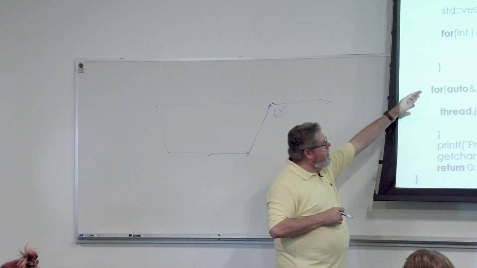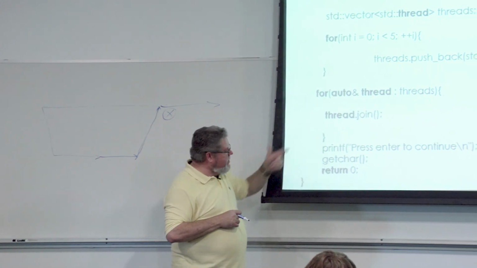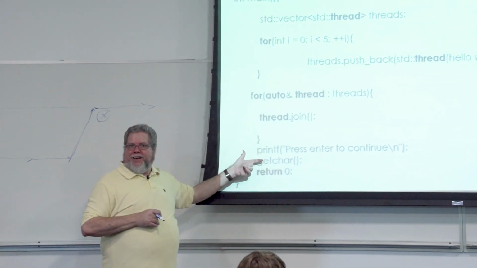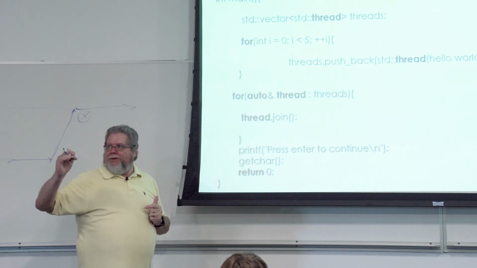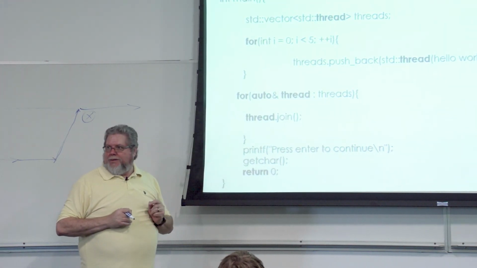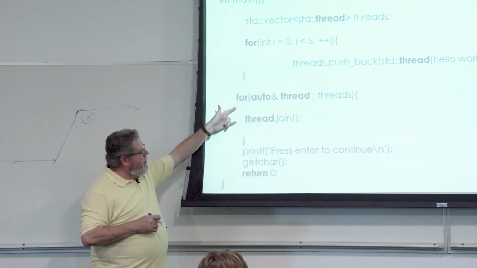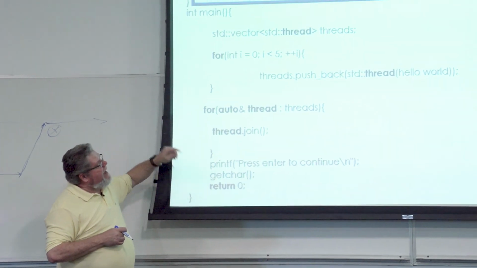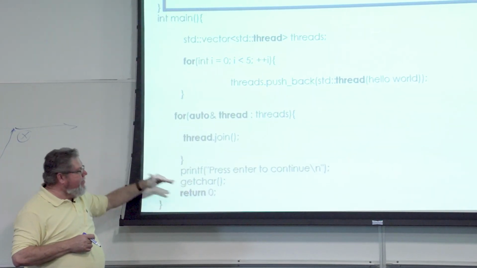Main, if it didn't have this, would launch the threads and print this to the screen, either in front of or in the middle of what the other threads were doing. By putting this join here, I'm basically saying, finish doing that, return, and then I'll print this.